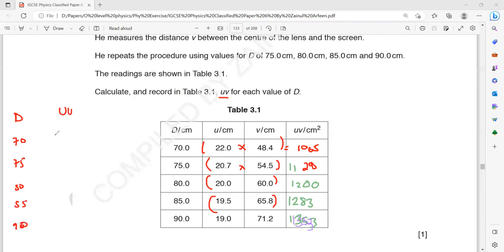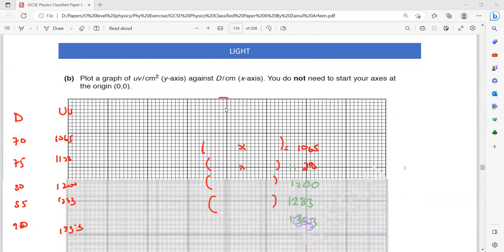And the u into v values were 1065, 1128, 1200, 1283, and 1353. So these are the values for u times v. Now we have to plot the results on the next page.